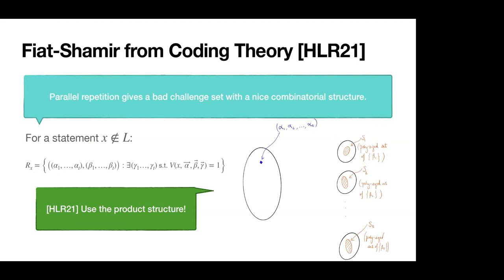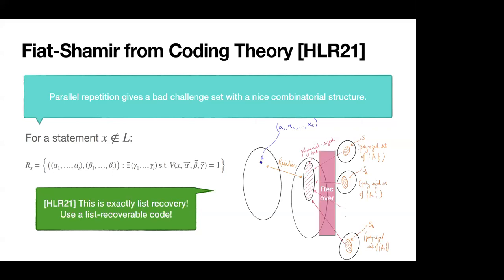Applying the principle of wishful thinking, you would like these T polynomial size sets to define another polynomial size set, this pink shaded set, for which we could have another relation, for which we could instantiate the previous slide's CI hash function. So this is exactly list recovery, which is observed by HLR21. So this is kind of miraculous.